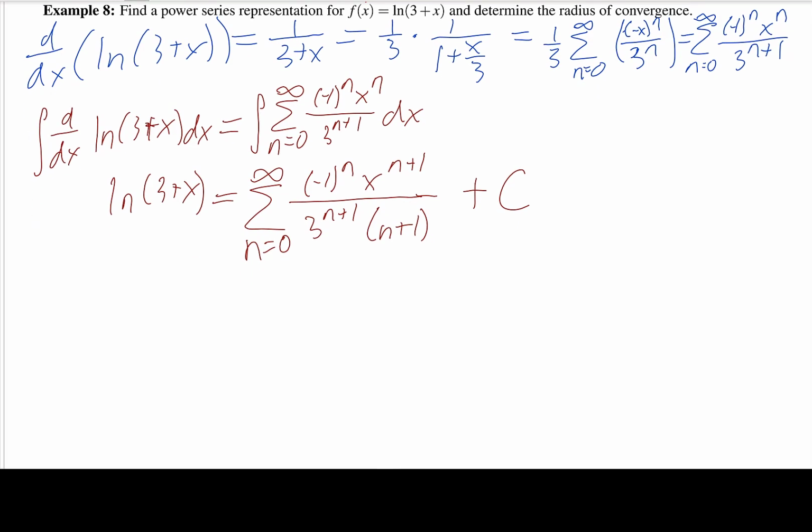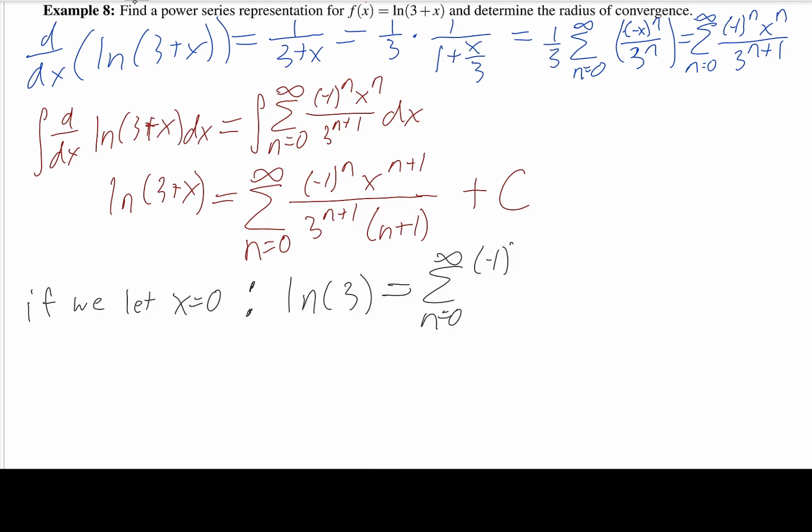Well, if we let x equals 0, on the left-hand side, I'll get ln of 3 plus 0, so it's just ln of 3. And this should be equal to the sum from n equals 0 to infinity of negative 1 to the n.